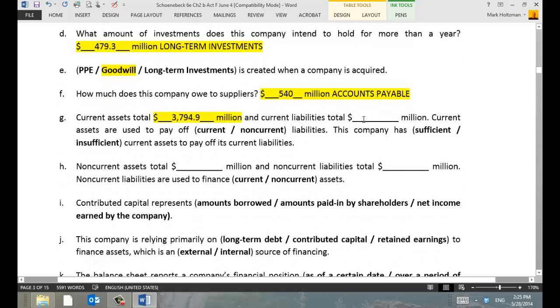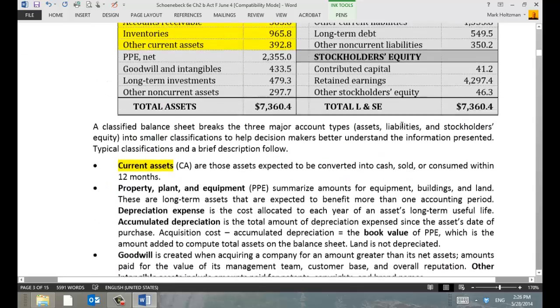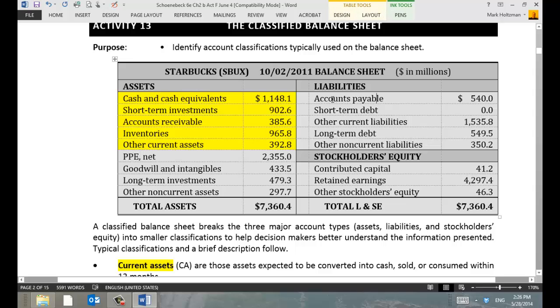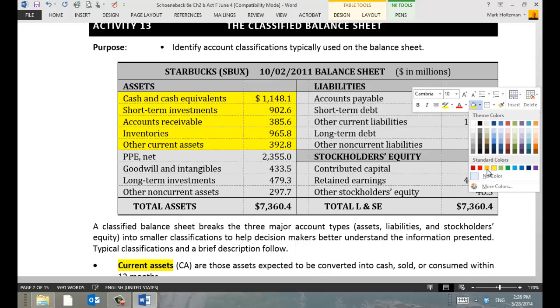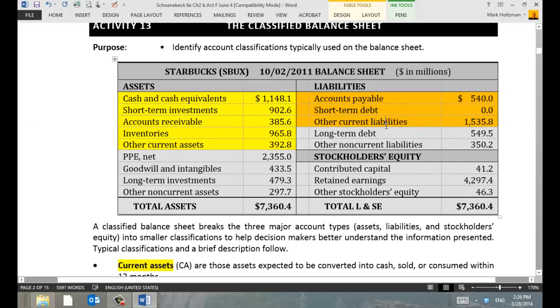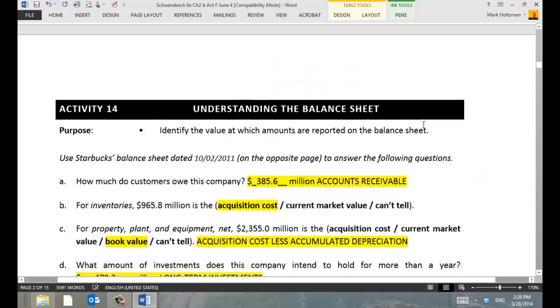Current liabilities totals what? $2,075.8 million. And that would be all these items added up, the first 3 liabilities.